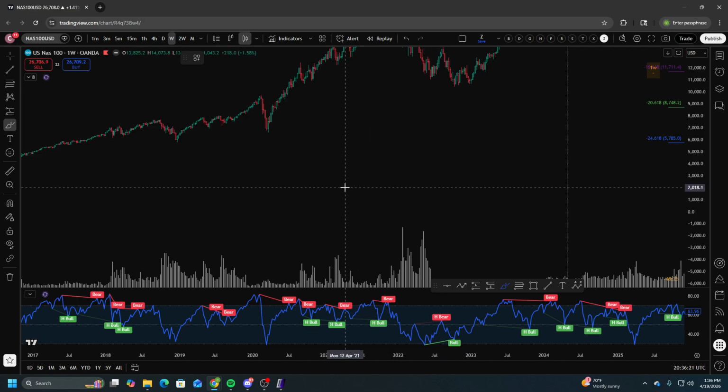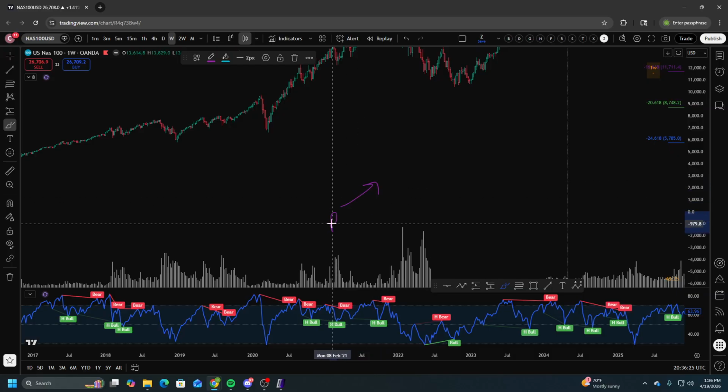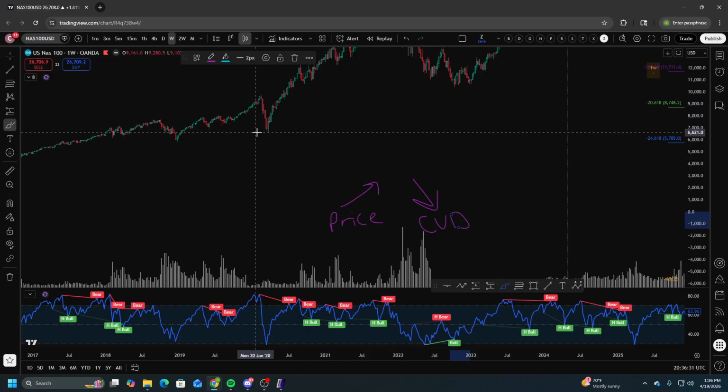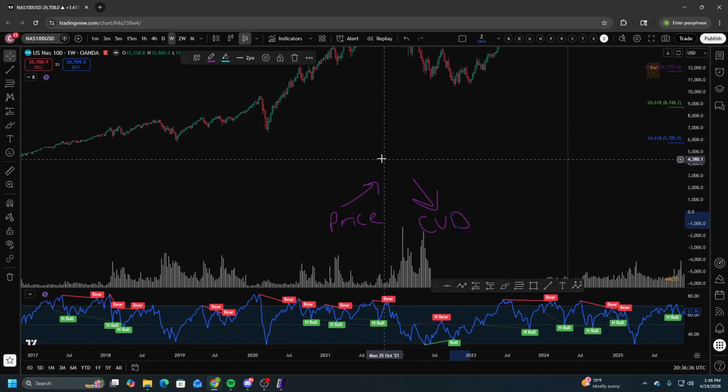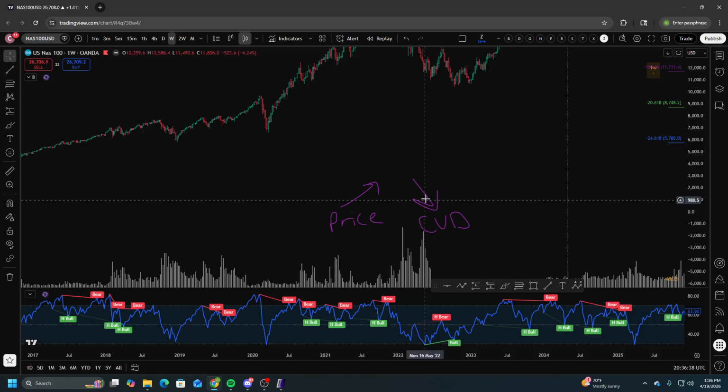We have price going up, and we have CVD going down. And think of this at like a low, okay? So at a low, and you have the CVD going down, but the price, why would the price be going up at a low if the CVD is going down?